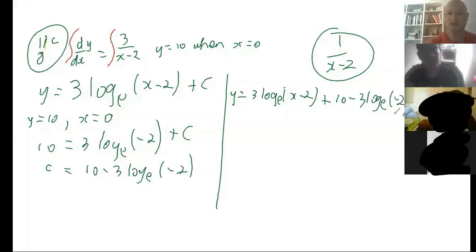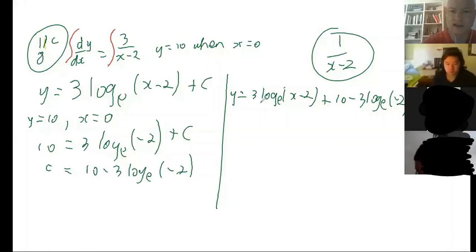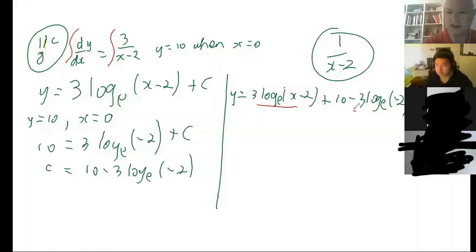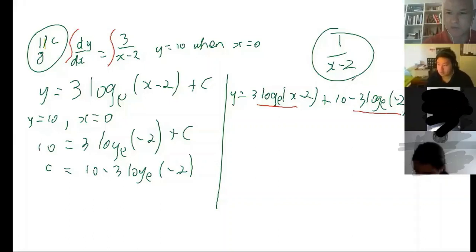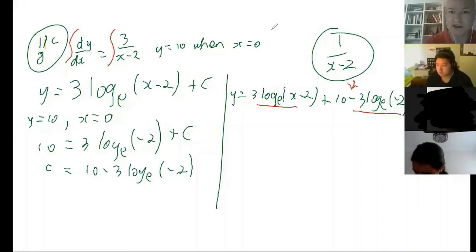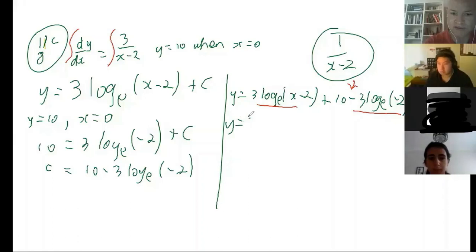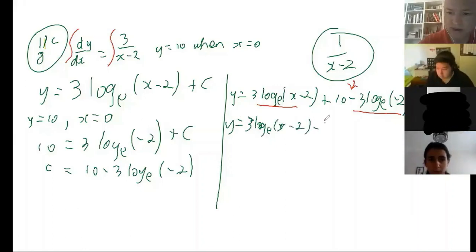Now, I'm not going to stop there because I have a log e here and a log e here. So I'm going to combine them. And remember, when we subtract log functions, we're actually dividing. So I'll rearrange them first so that you can see: 3 log e of x minus 2, minus 3 log e of negative 2, plus my 10.